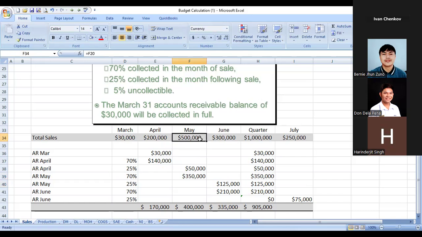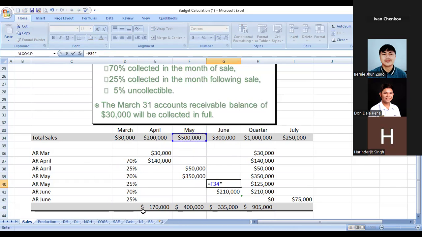So, in May, we're going to sell $500,000, but we're going to collect only $400,000. What's going to happen in June? In June, first we're going to collect the 25% from May sales.